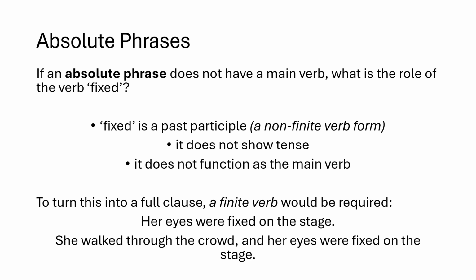In this sentence, it removes and were, but keeps the meaning. No main verb means no finite or tensed verb, but it can have verb forms. Fixed in the absolute phrase is a verb form, but not a main verb.